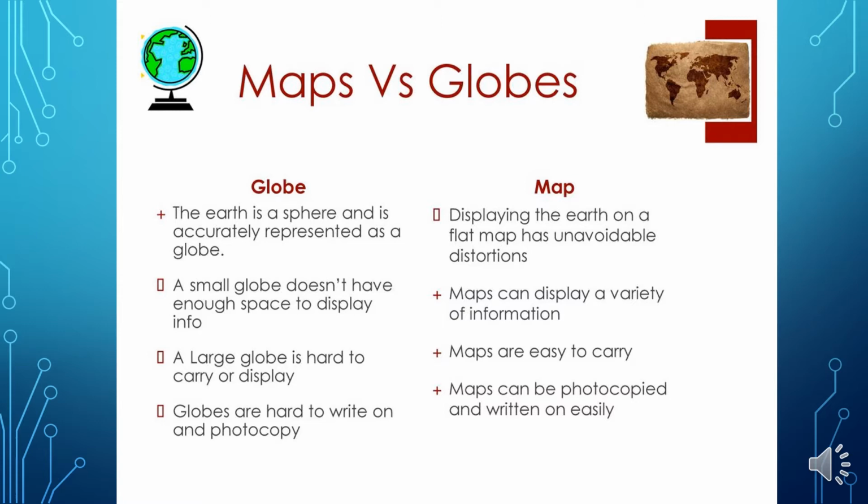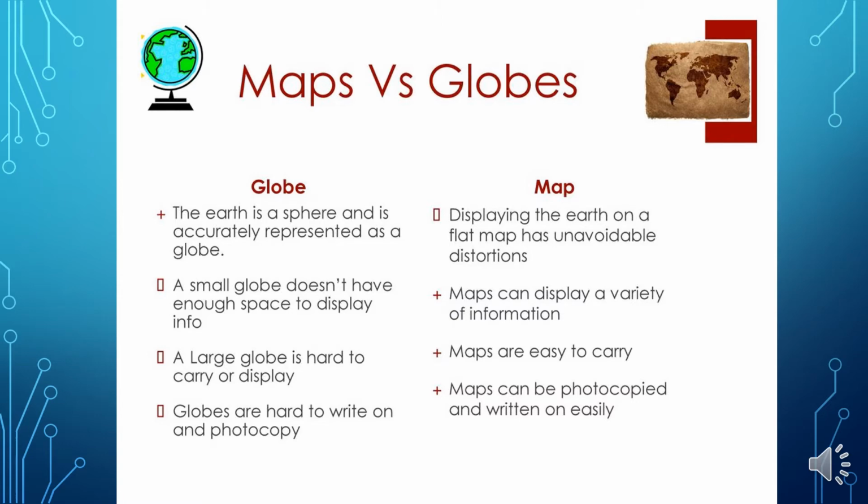It can show us various conventional signs, and we will be studying that there are different types of maps. A globe is large, it is hard to carry or display, whereas a map can be easily carried. Globes are hard to write on and photocopy, whereas maps can be photocopied and you can easily make your notes on these maps.